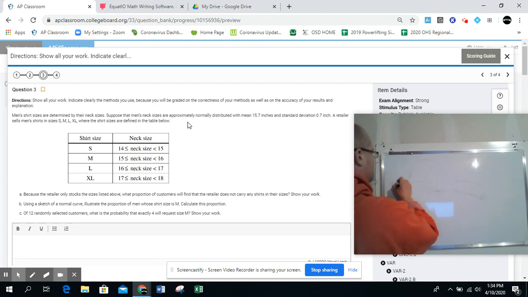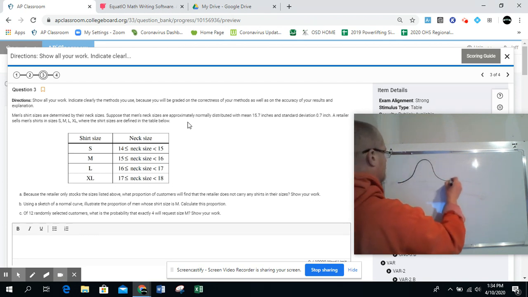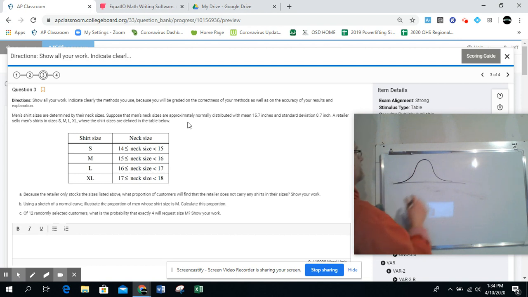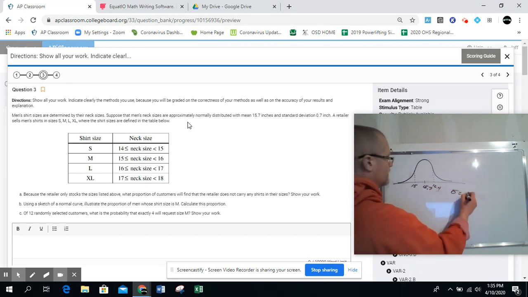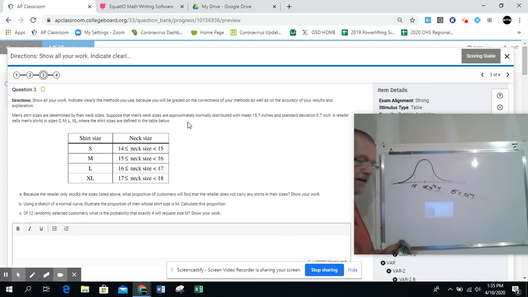Make a better bell shape. There. Okay, so right here at this inflection point and at this inflection point, and then here's the middle. So 15.7. This is 15 down here, and this is 16.4. That's one standard deviation.